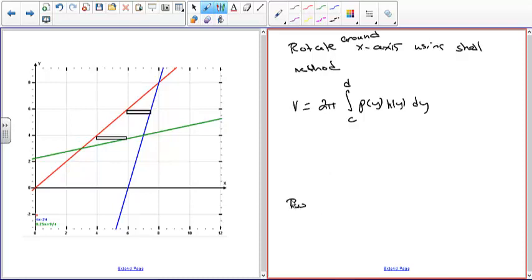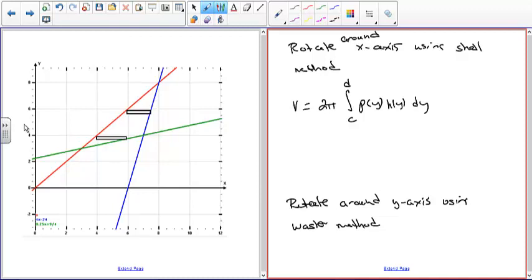And if I rotate around the y-axis, now they're going to be washers around the y-axis. So you've got these going around. Now this rectangle rotates around the y-axis like this, and it creates a washer.